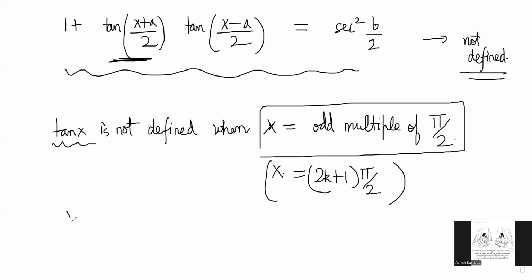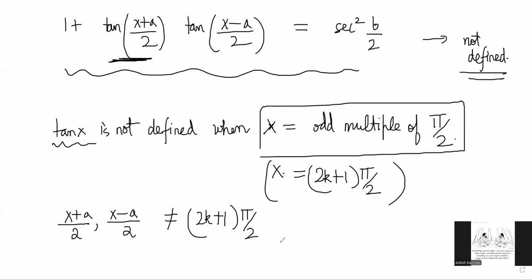If this term is not defined, you can't write anything, you can't make sense of the equation. So you're saying basically x plus a by 2 and x minus a by 2 should not be equal to this, right? Do you understand what is happening here? Yes sir. So basically from here you are getting the condition that x plus minus a should not be equal to 2k plus 1 into pi.